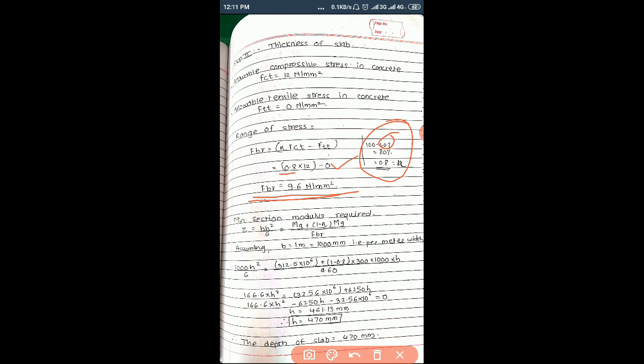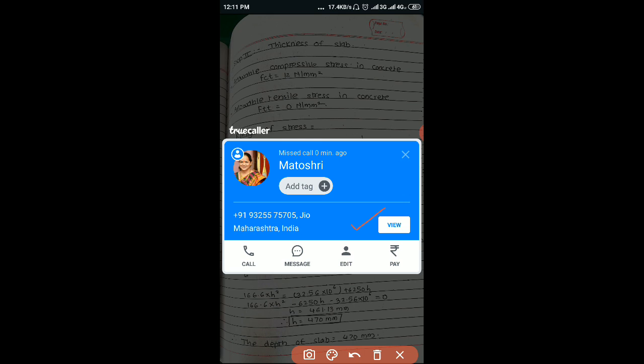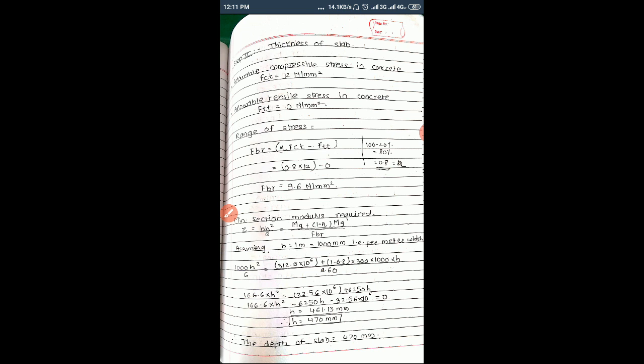So we get the value of FBR equal to 9.6 Newton per mm square. Okay, it is clear. Then we go for minimum section modulus required, and from this we'll get the height of slab. Minimum section modulus required: BH square divided by 6 is equal to MQ plus 1 minus loss ratio into Mg, divided by FBR.